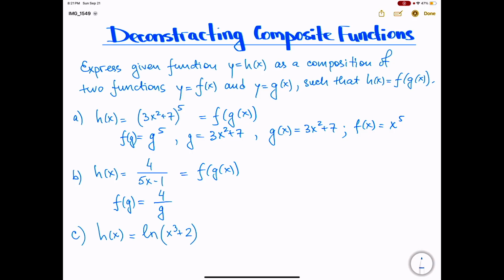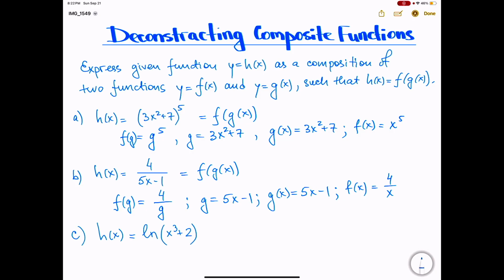So if g is our input, f of g is going to be calculated by taking 4 and dividing it by that input. But the letter g replaced the function 5x minus 1. So clearly, g of x is going to be 5x minus 1. So the function f of x will be calculated by taking 4 and dividing it by the input x.